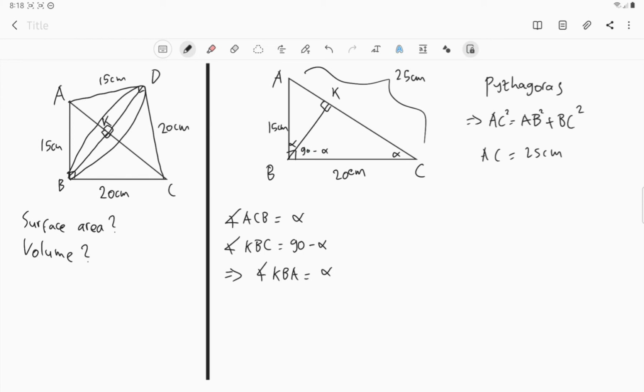Now let's arrange both the triangles AKB and ABC. Now this is the bigger one, which is ABC.